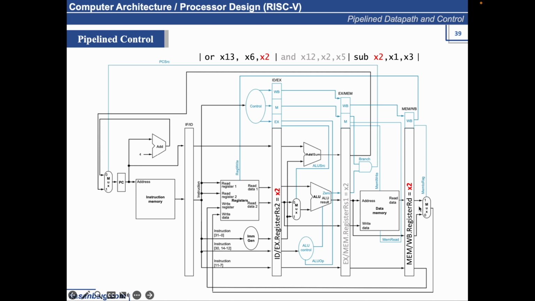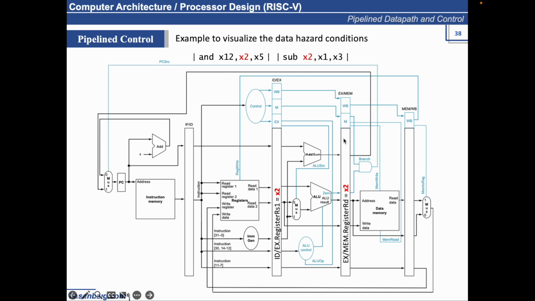Okay, so just know that when the instruction is executed here, the updated value is stored in this register. When this sub instruction moves to the next stage, everything related to the sub instruction moves to the next stage, including the control signals and the value of x2, which is supposed to be written back into the register in the write back phase.